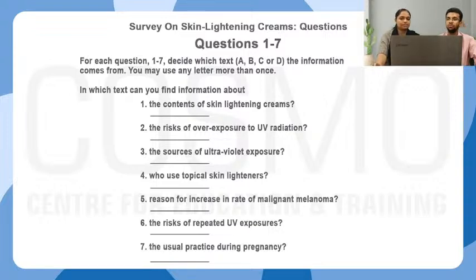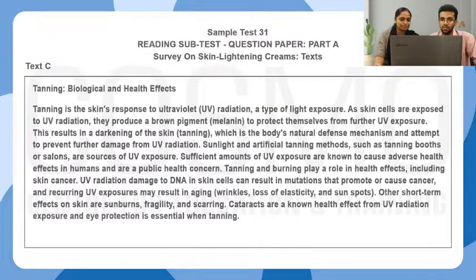Okay, let's look through both the texts C and D. First let's look at text C and see if we can find the answer there. Because two people have responded, let's see who made it correct.